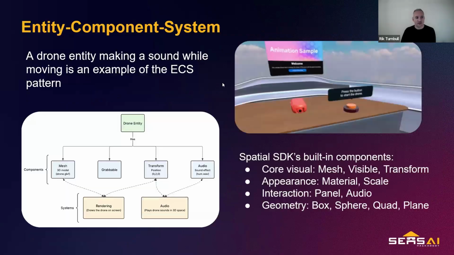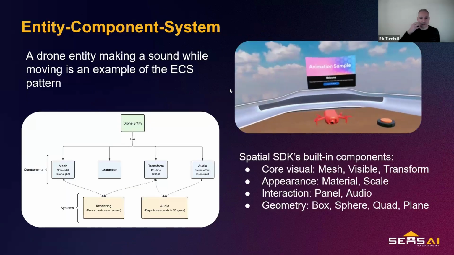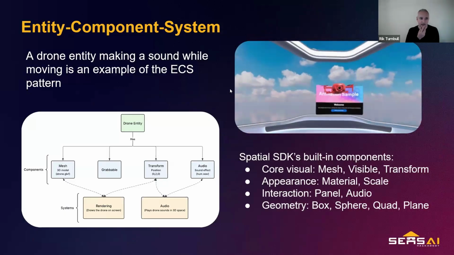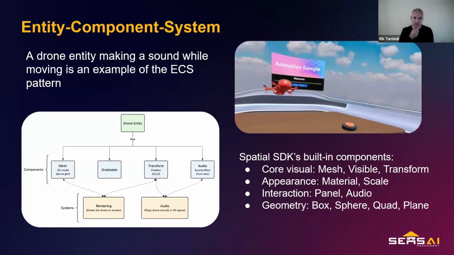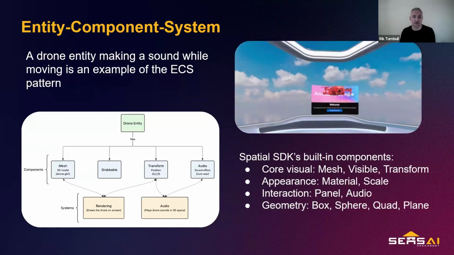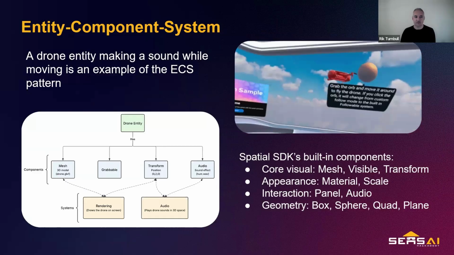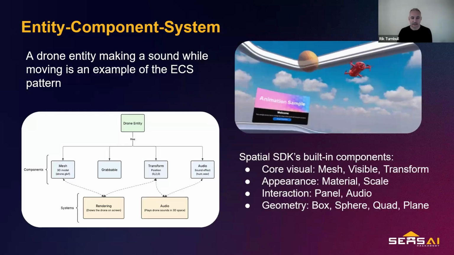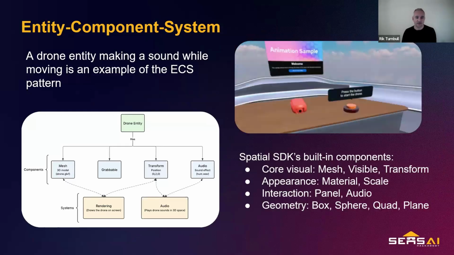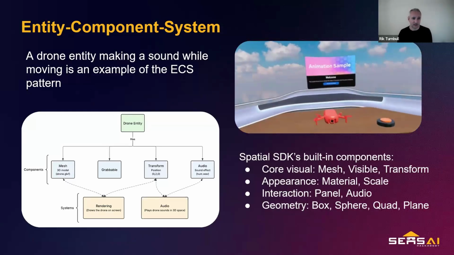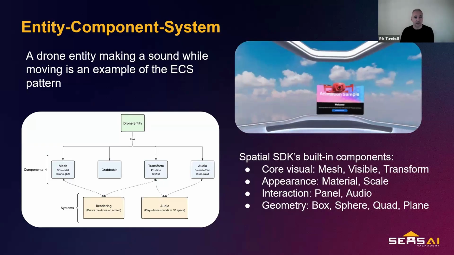Now, just to dive slightly into how you might code this. The Spatial SDK uses the entity component system, which is a general architecture that's used in most game engines. The Immersive Web SDK has the same kind of idea.